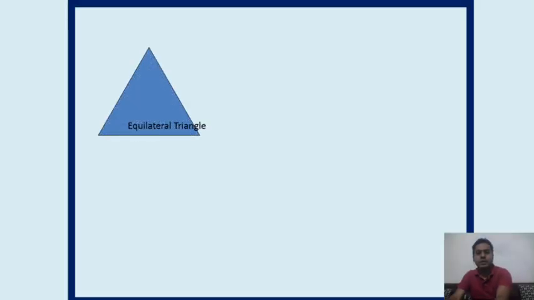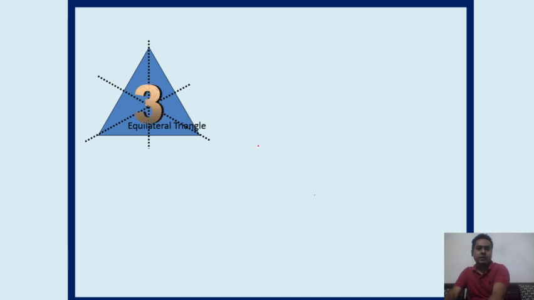This is an equilateral triangle. Think about how many lines we can divide this shape into similar shapes. If by this line, then the two shapes will be equal. There are similar shapes by this line and also this line.